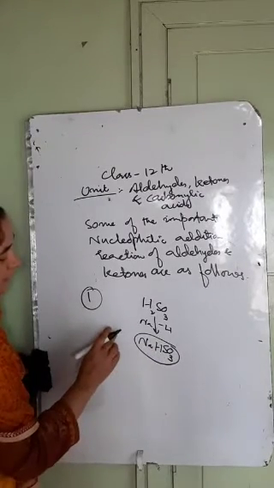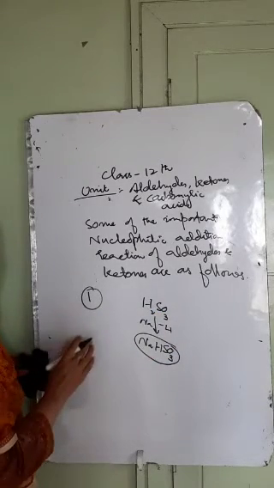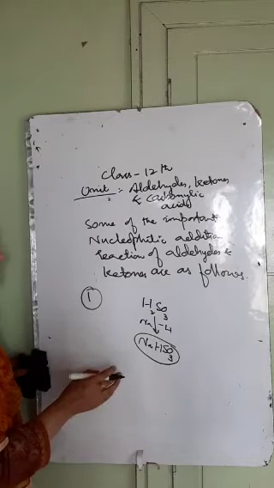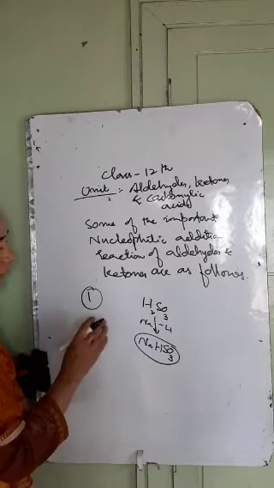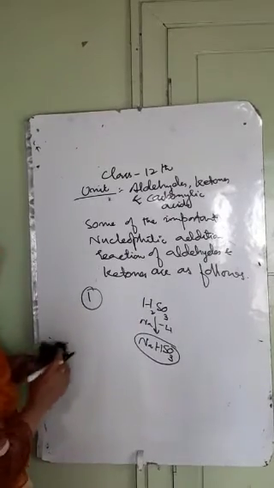It will react with aldehydes and ketones and results in the formation of an addition product, because these are the reactions which we call nucleophilic addition reactions. So the nucleophile adds to the aldehyde and the ketone and results in the formation of an addition product.